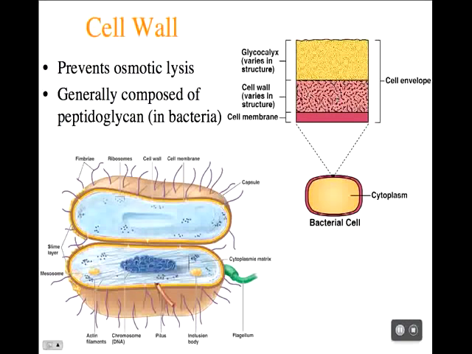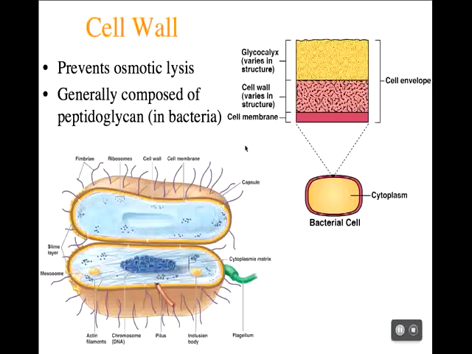The main job of the cell wall is to provide a rigid structure to hold the shape and the integrity of the cell. It prevents osmotic lysis, i.e. bursting, right? It prevents the cell from bursting open. In a bacteria, the cell wall is composed of peptidoglycan. And we're going to talk more about that in just a moment.